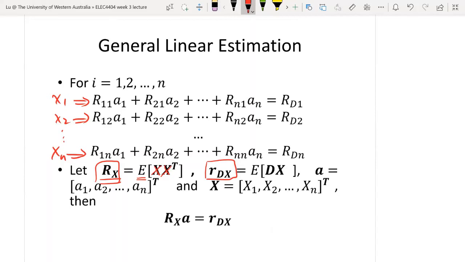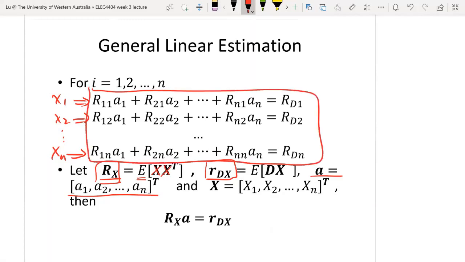And finally, A is just a vector of the coefficients regarding the estimator. So our target is to determine A. Okay, another group of new notations, right? We want to convert all these equations into a compact matrix form.